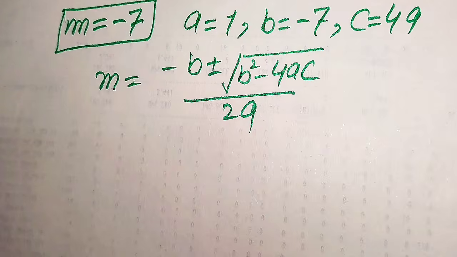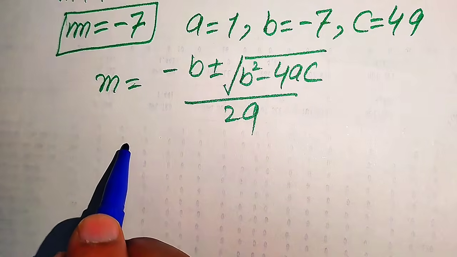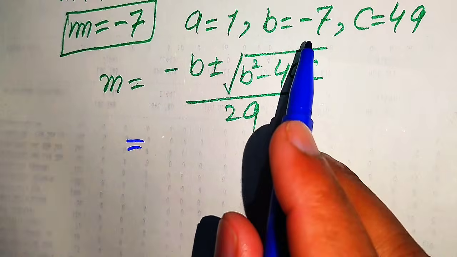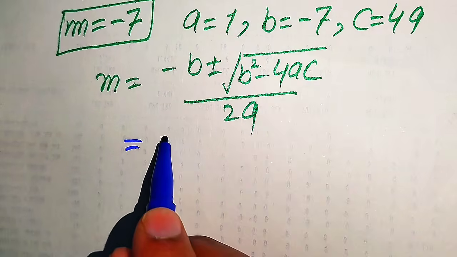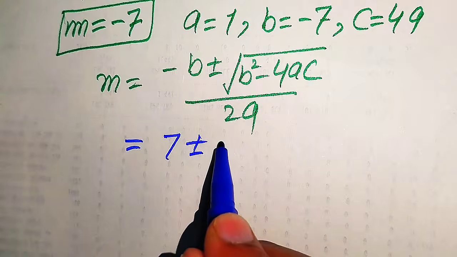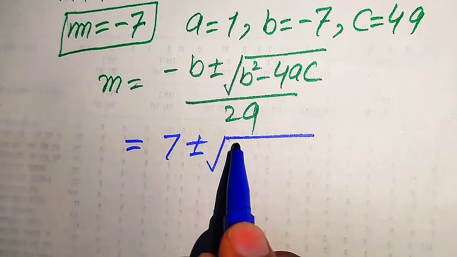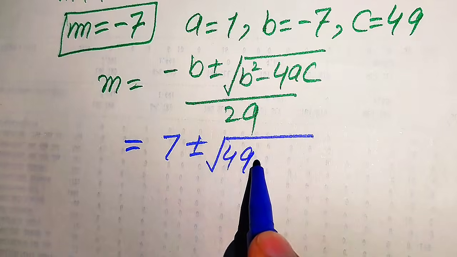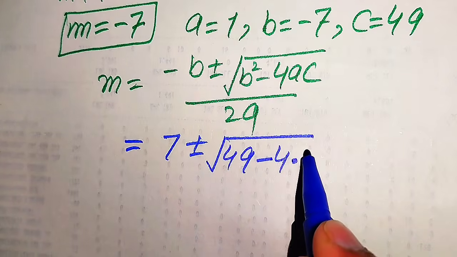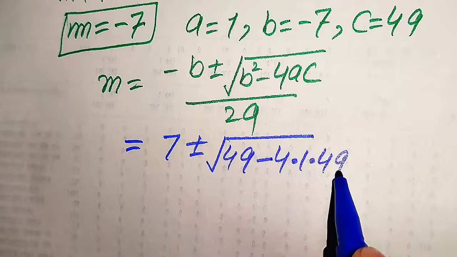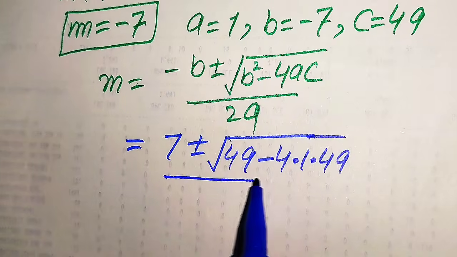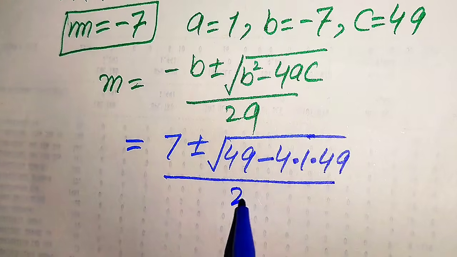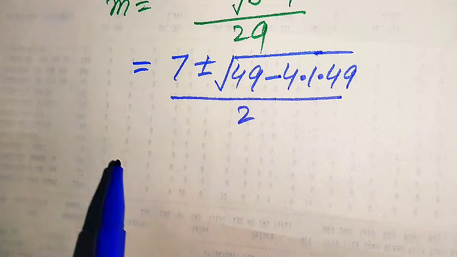So here we substitute all the values of a, b and c in this formula, and after substituting these values it will be written as: the value of b is minus 7, this becomes minus times minus becomes plus 7, and square root of b square, b is minus 7 and minus 7 square becomes 49, minus 4 times a is 1 and c is 49, and it is divided by 2 times a, and here our a is equal to 1.